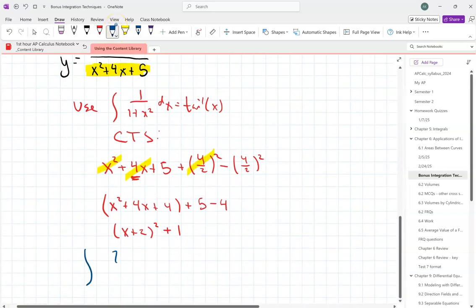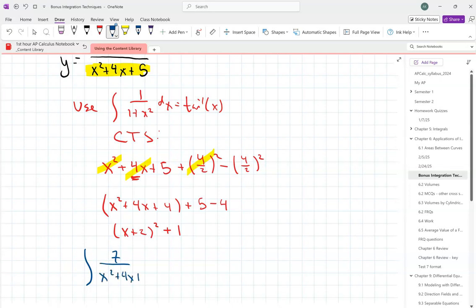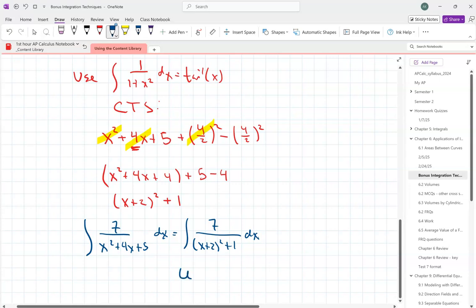So what we can do then is a u sub where the u is going to be that x plus 2. So du is just going to be dx.